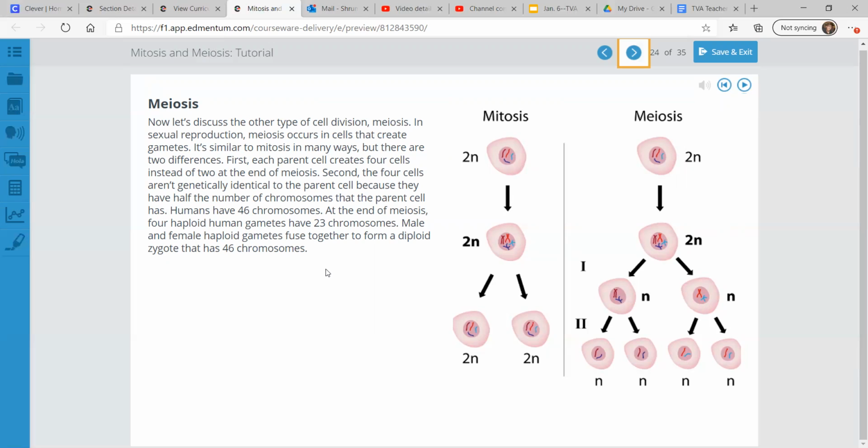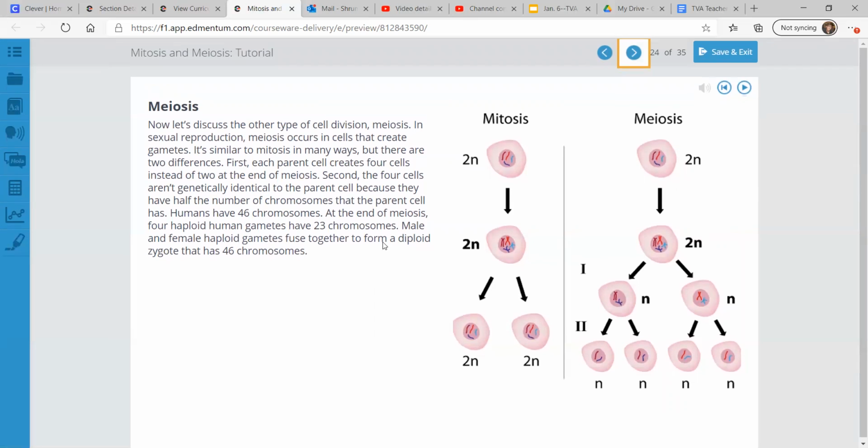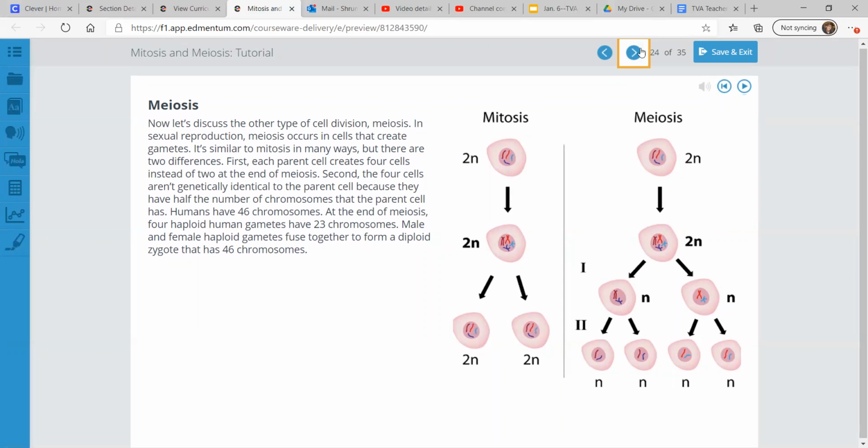So humans have 46, and after this process, you end up with 4 having 23 chromosomes. And then the male and female haploid gametes fuse together to form one diploid zygote that has 46 chromosomes.